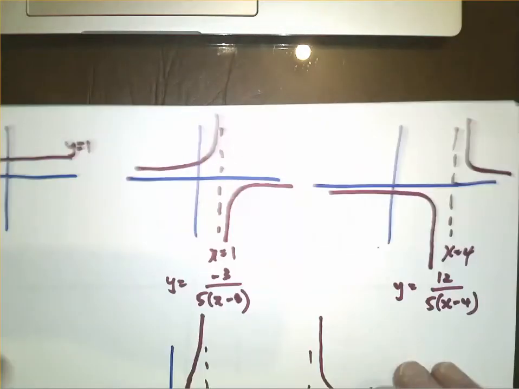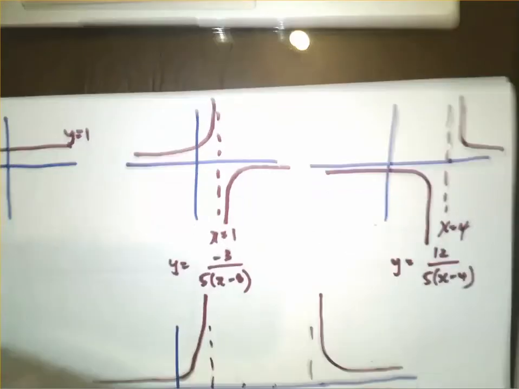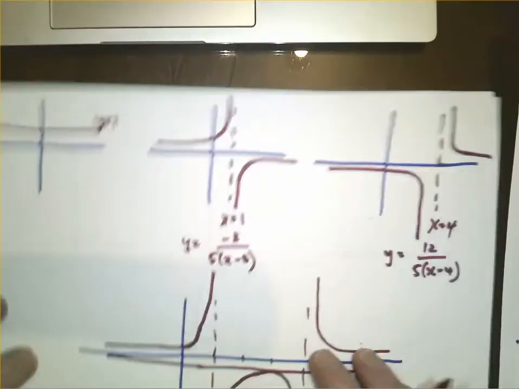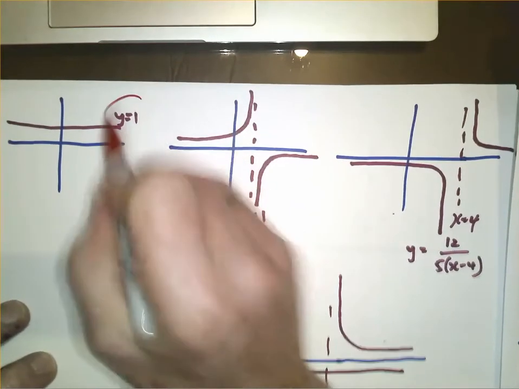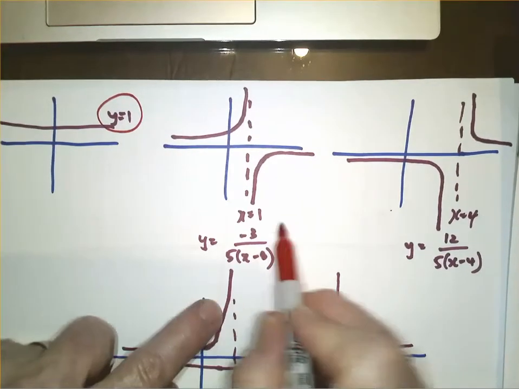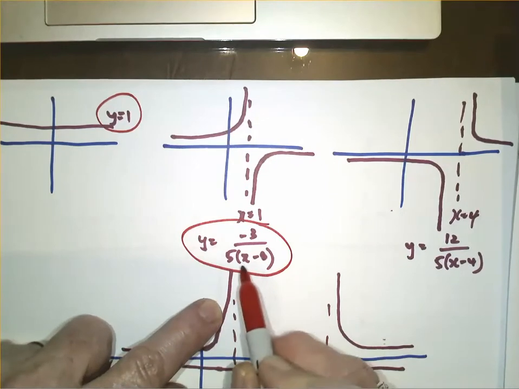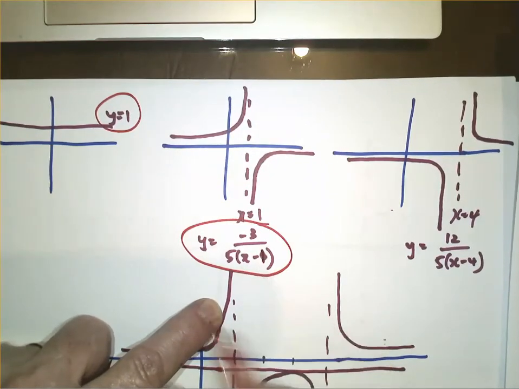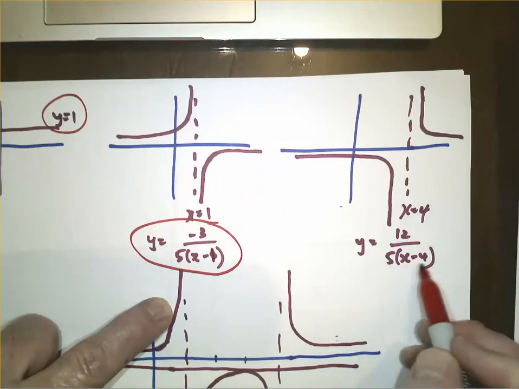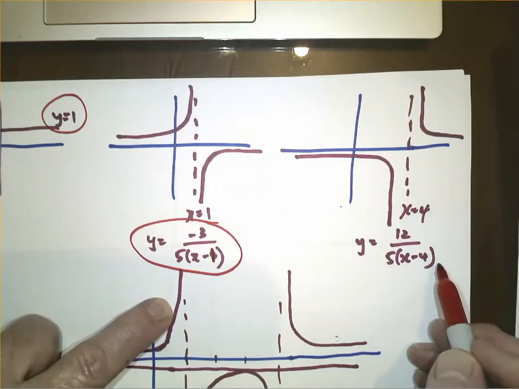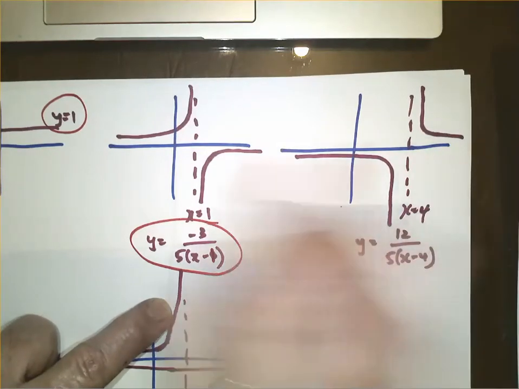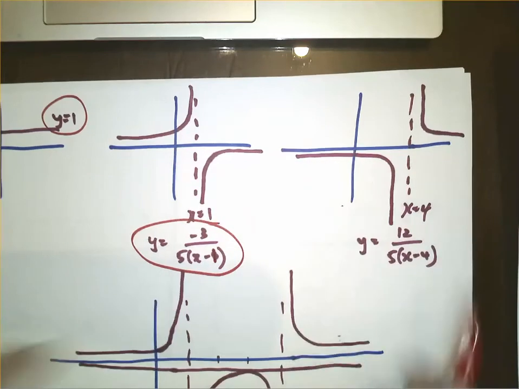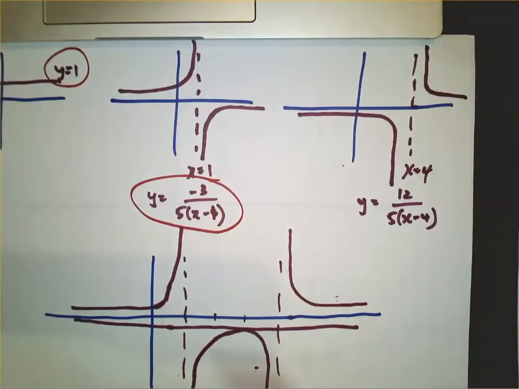Okay, so what I'm going to consider is the 3 things I have: y equals 1, y equals -3/5 on the denominator x minus 1, and 12 over 5(x minus 4).